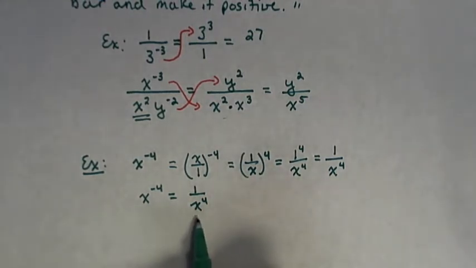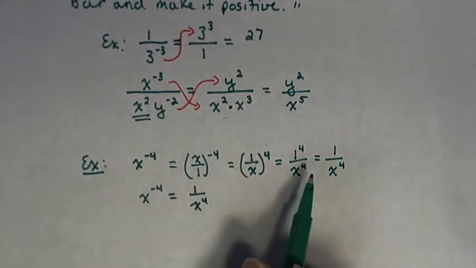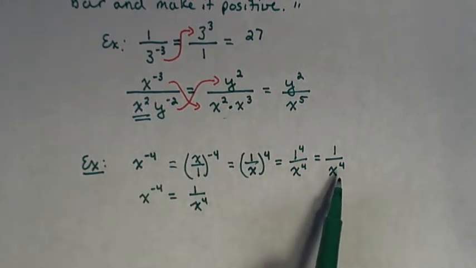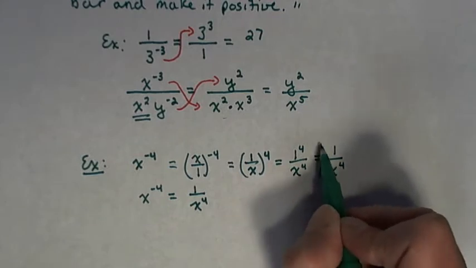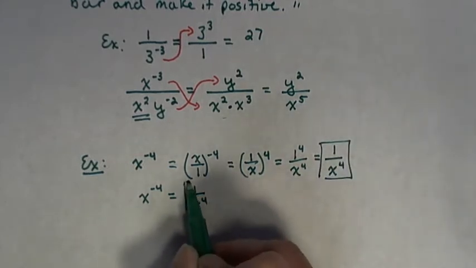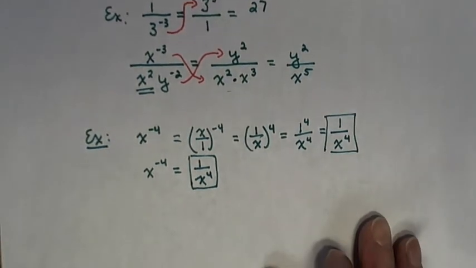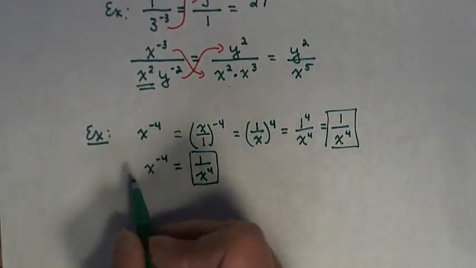That's certainly much quicker than what I did up here, but as long as I apply my rules correctly, I will always end up with the same answer. And like me, there's some of you that may not always see the quickest way to get to the end result. Okay? All right, let's take a look at another one.